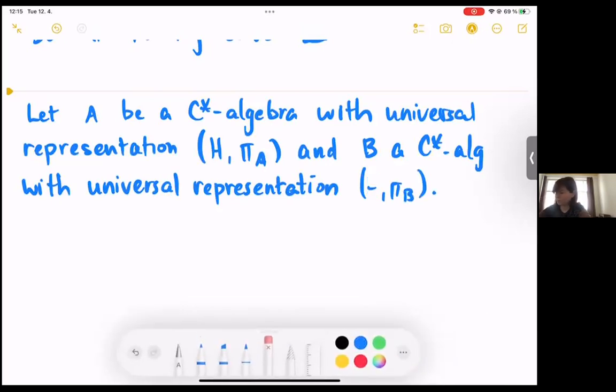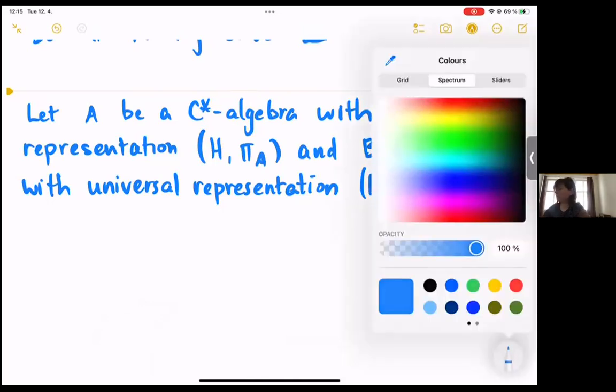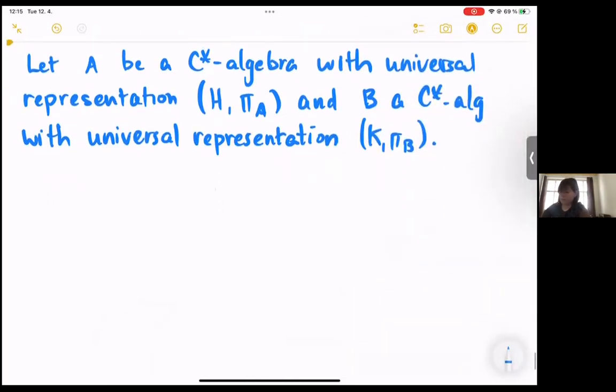Oops, we don't want it to be H. We'll call it K. Then from the previous proposition, we get that there's an injective star homomorphism.